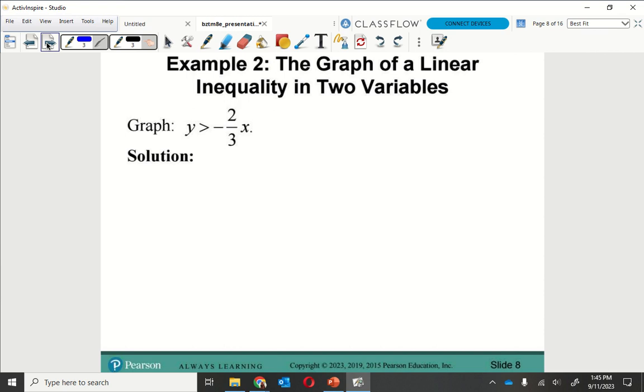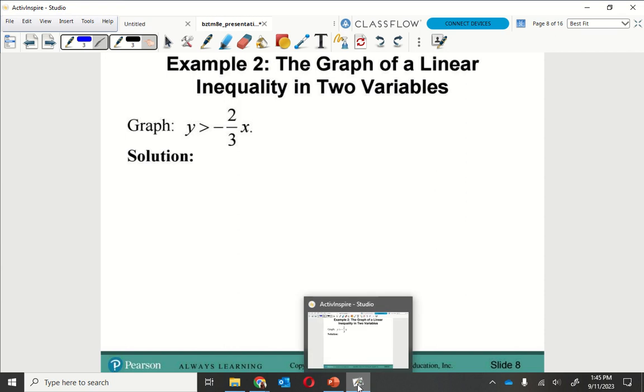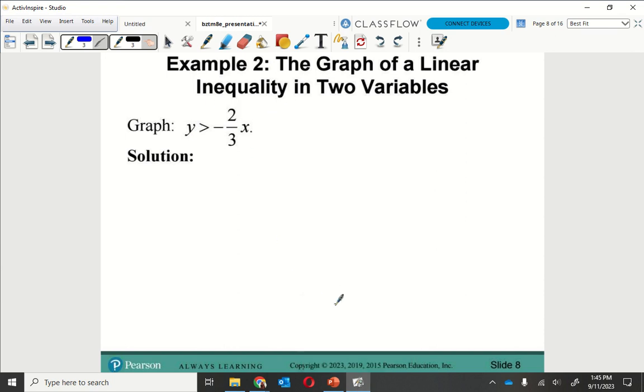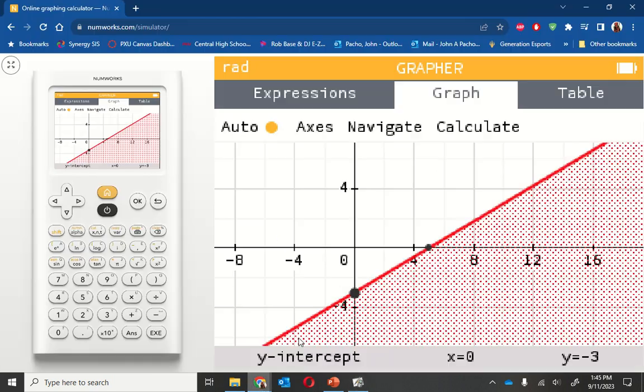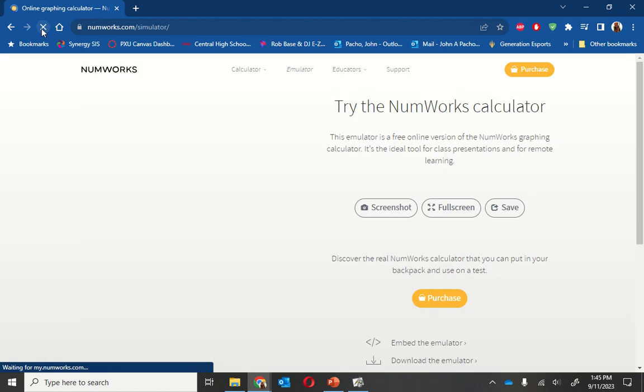All right, so let's go ahead and take a look at it. I'm going to put it on mine. Did you actually copy it over to your notes? Hopefully you did. Y greater than negative 2/3 x. I'm going to refresh.